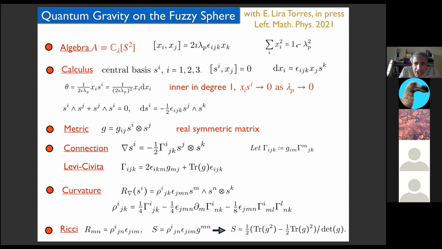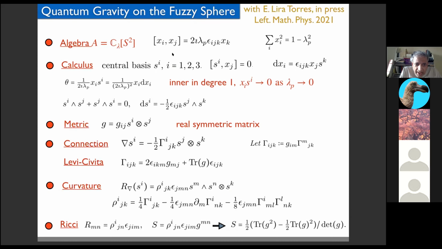And this normalization is such that lambda p is not actually the Planck scale, it's actually a dimensionless number. Probably a mistake, but anyway. So it's a unit sphere deformed by a dimensionless parameter. And this is normalized so that if lambda is 1 over n, then this algebra descends to the n-dimensional representation of SU2 to give you the discrete fuzzy spheres. That's why we did that.